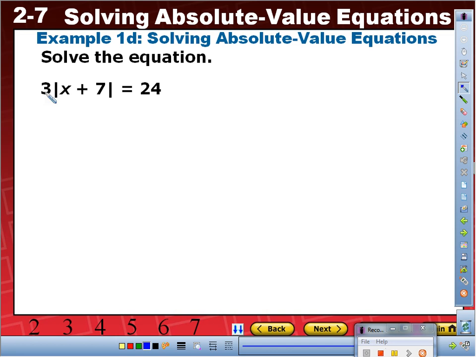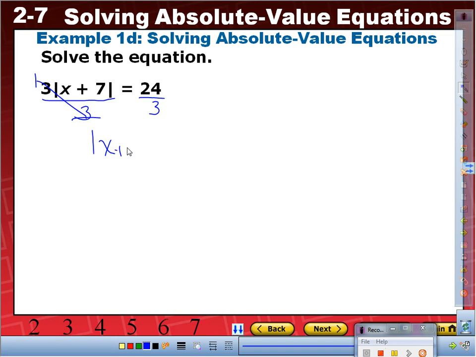Multiply. We don't distribute because this is not a parenthesis. It's a grouping symbol, but it's not a parenthesis. It's a 3 and it's multiplying. What is the inverse of multiplication? Divide by 3 this side and divide by 3 this side. We're left with absolute value x plus 7 equals 8.